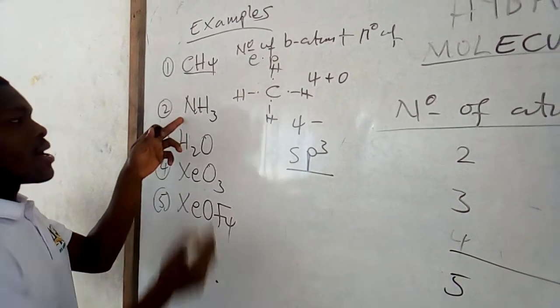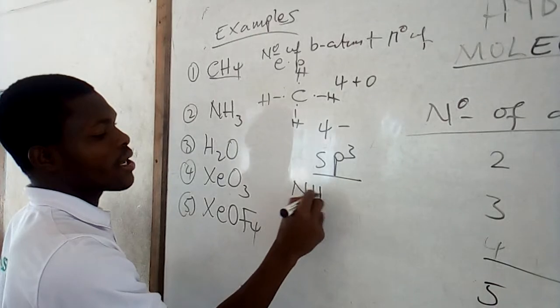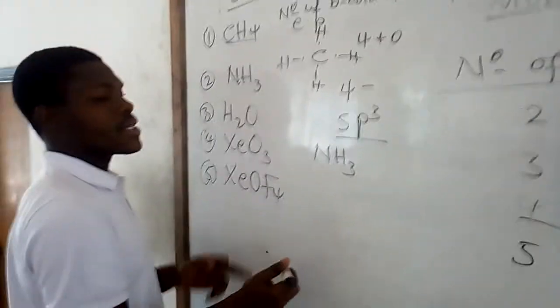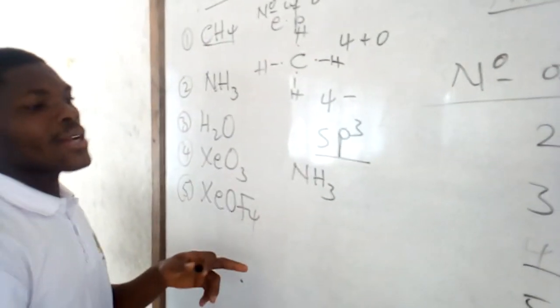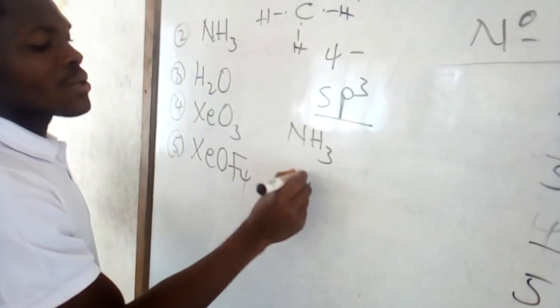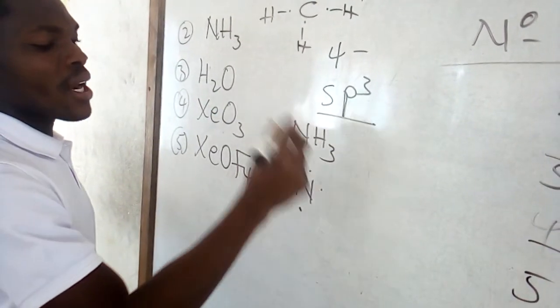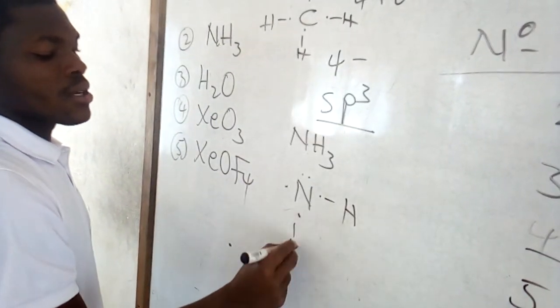Let's consider NH3. In NH3, the N, which is nitrogen, is the central atom, and it has 5 outermost electrons, and it has shared a bond with 3 hydrogens.